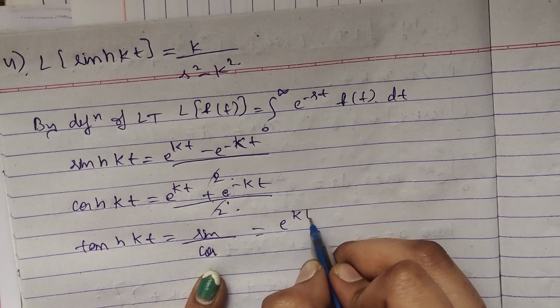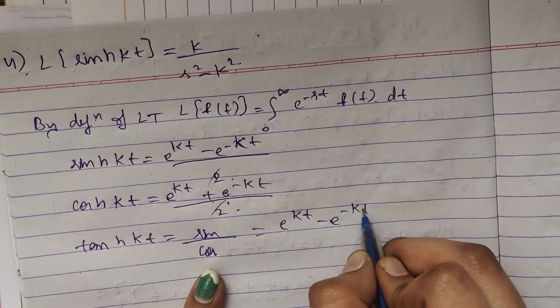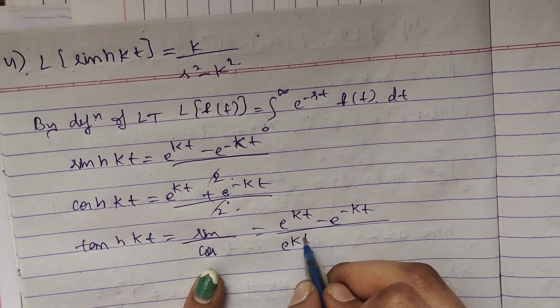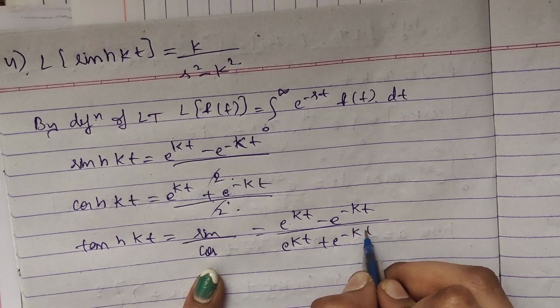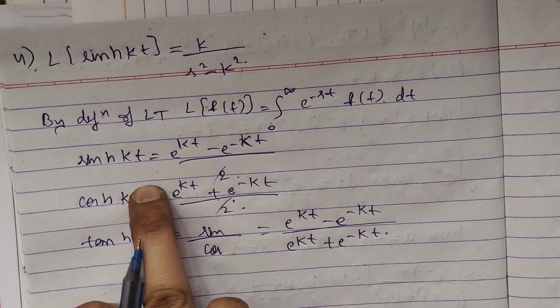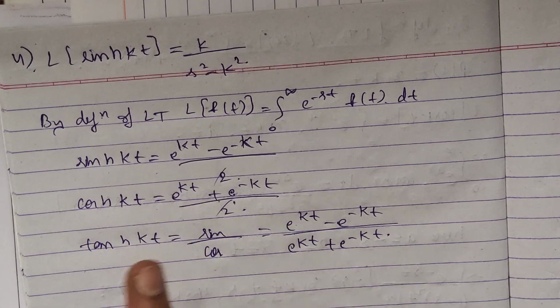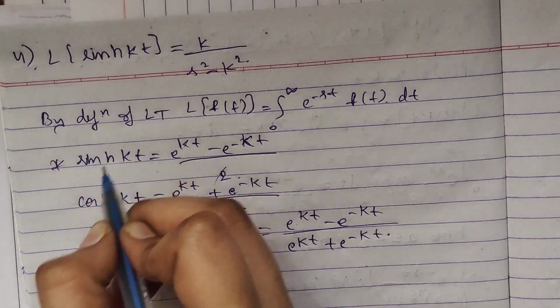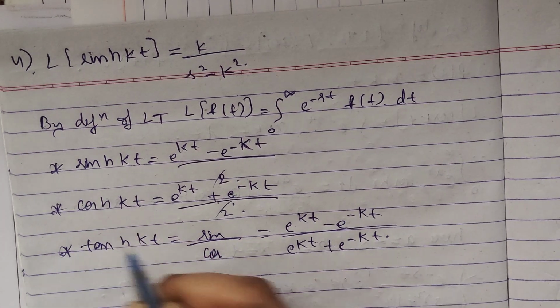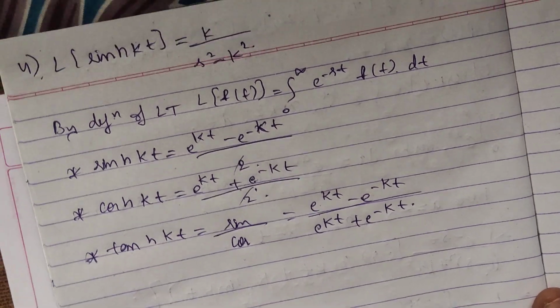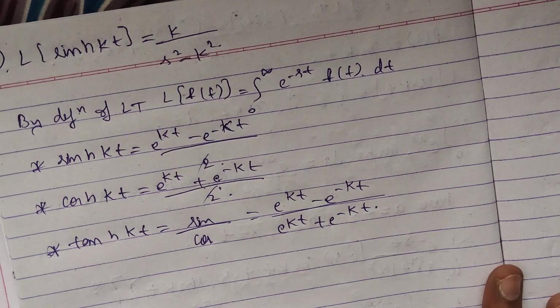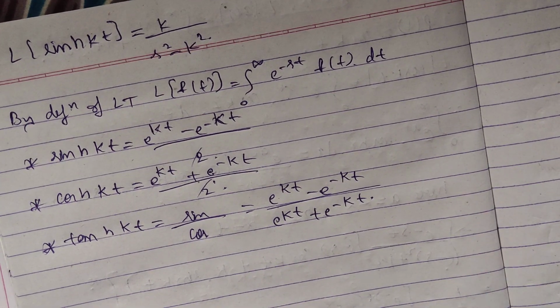That is e power kt minus e power minus kt divided by e power kt plus e power minus kt. This is the formula for the sine hyperbolic, cos hyperbolic and tan hyperbolic formulas.